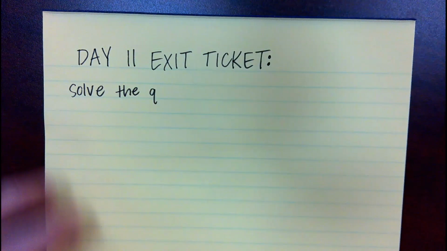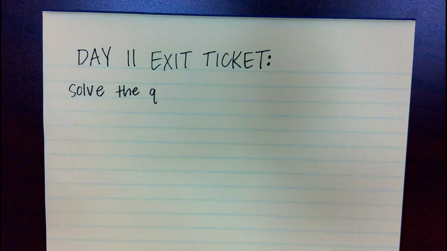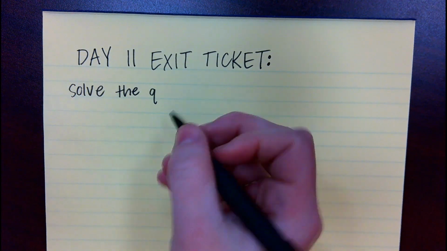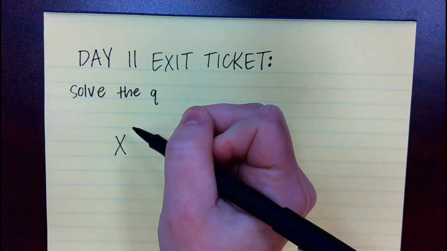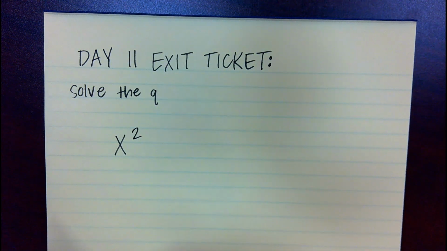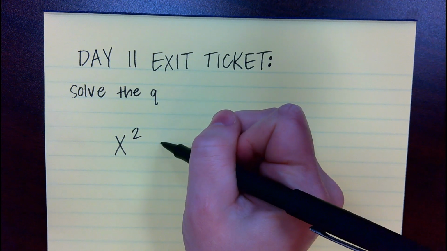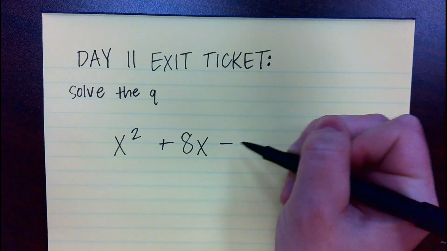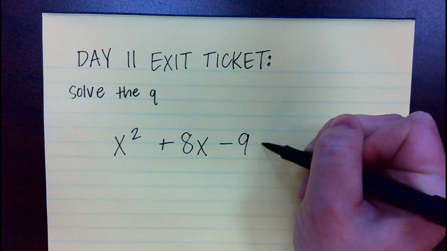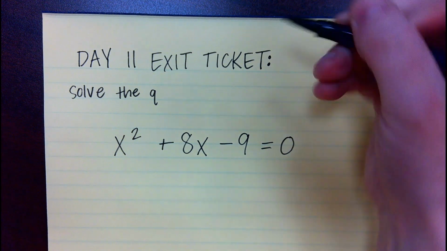For your exit ticket, I need you to solve the quadratic equation, and I'm not going to write the directions out. I'm going to give you the problem first so that you're not sitting here waiting for me. I'm going to give you an easy one. Just one today. X squared plus 8x minus 9 equals 0.